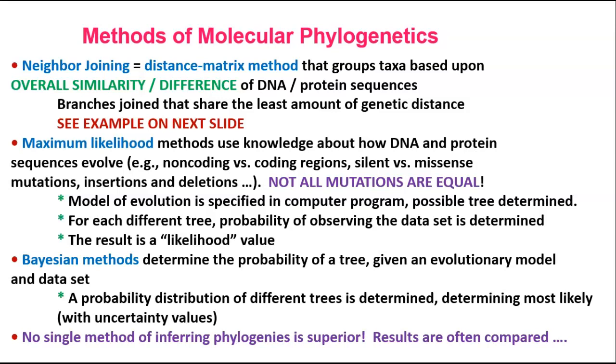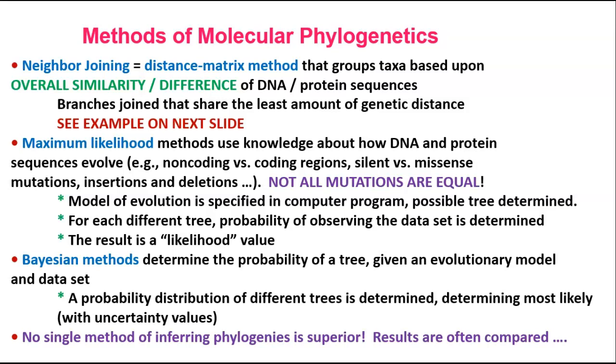Species that have more differences between them would be placed farther apart in a phylogenetic tree. And of course, the point here is molecular phylogenetics. So we are grouping species based on their overall similarities or differences in their DNA or protein sequences. And there's an example on the next slide. So we'll show you kind of how this is done after we get through this one.